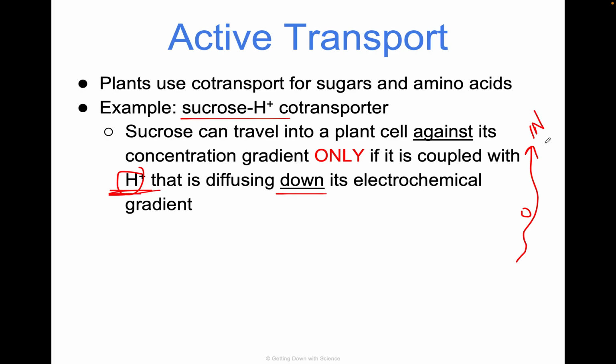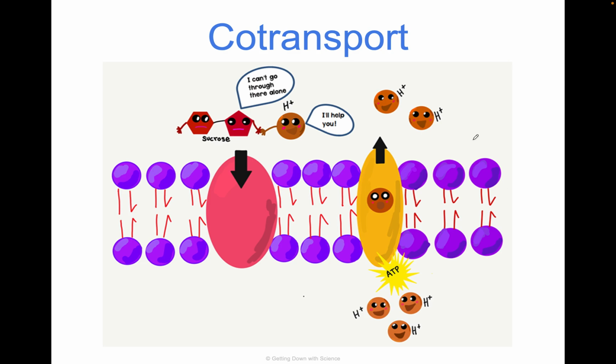Unless there's hydrogens that are moving in the opposite direction. It's the only way. Look at this cute thing. So here's your co-transport. I can't get through there alone. I'll help you, right? And we're able to have the hydrogen co-transport with the sucrose into the cell.